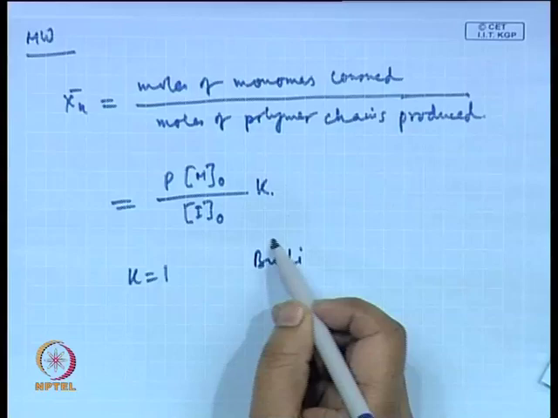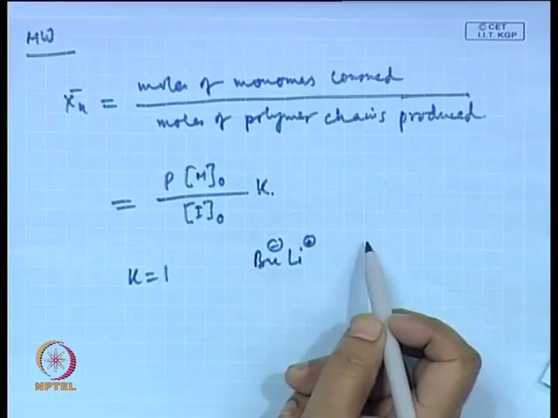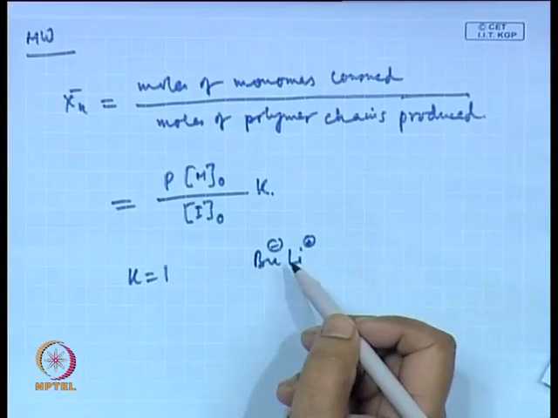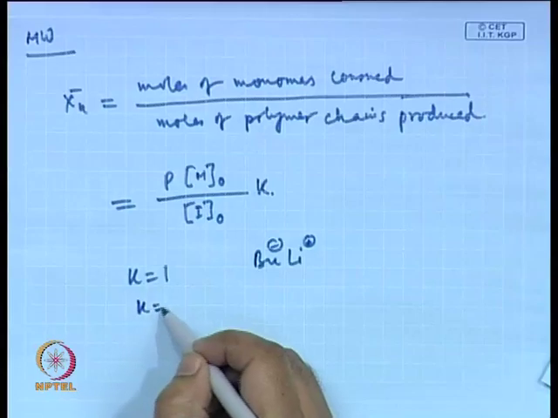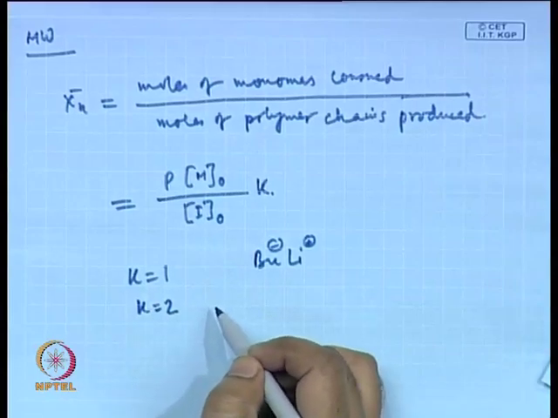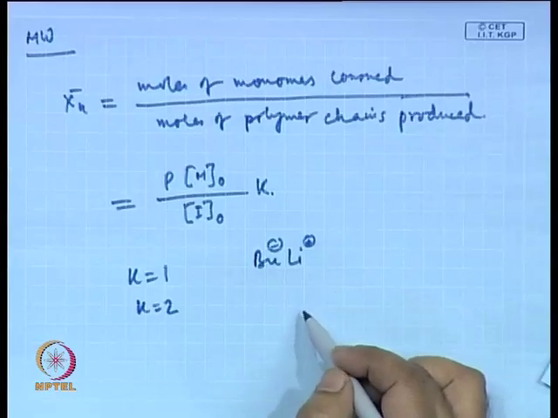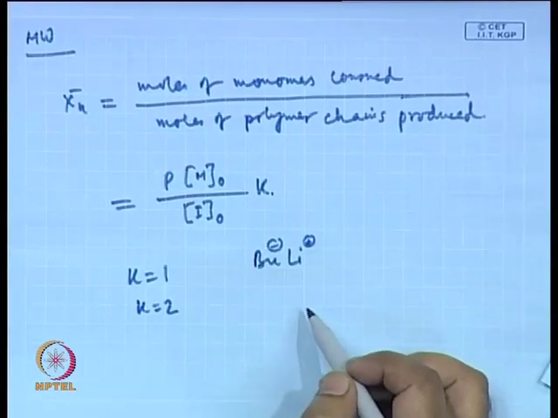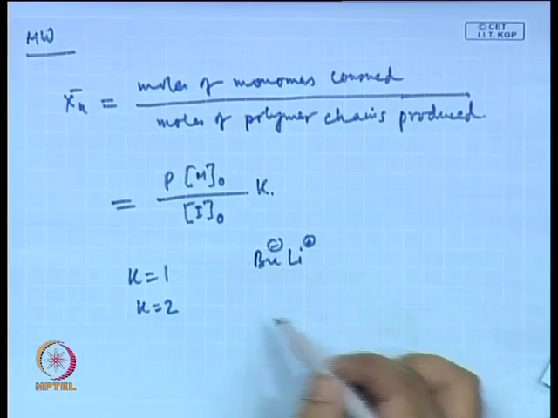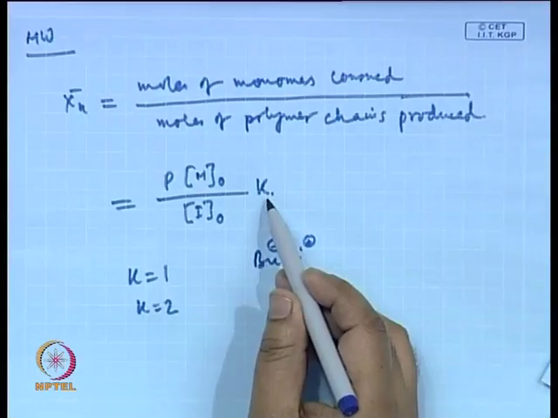Now, in case of electron transfer initiation, remember the sodium naphthalene case, actually 2 initiator molecules are forming one chain. So, you have to multiply by the factor 2 for that.